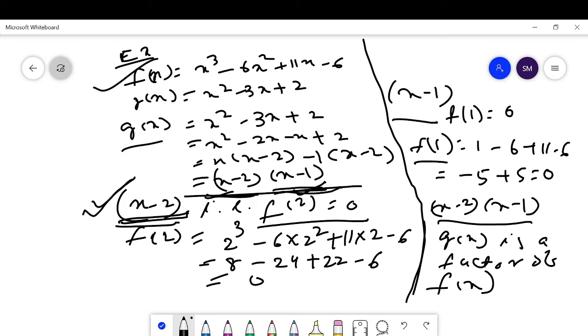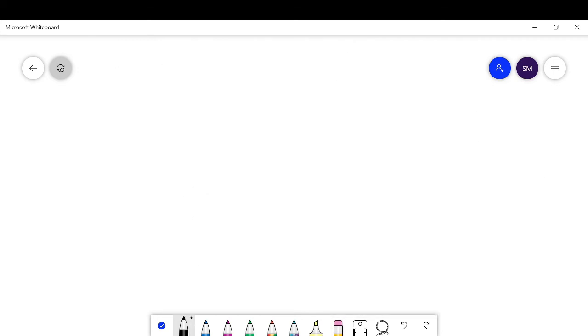Then let us discuss what the rational root theorem is.